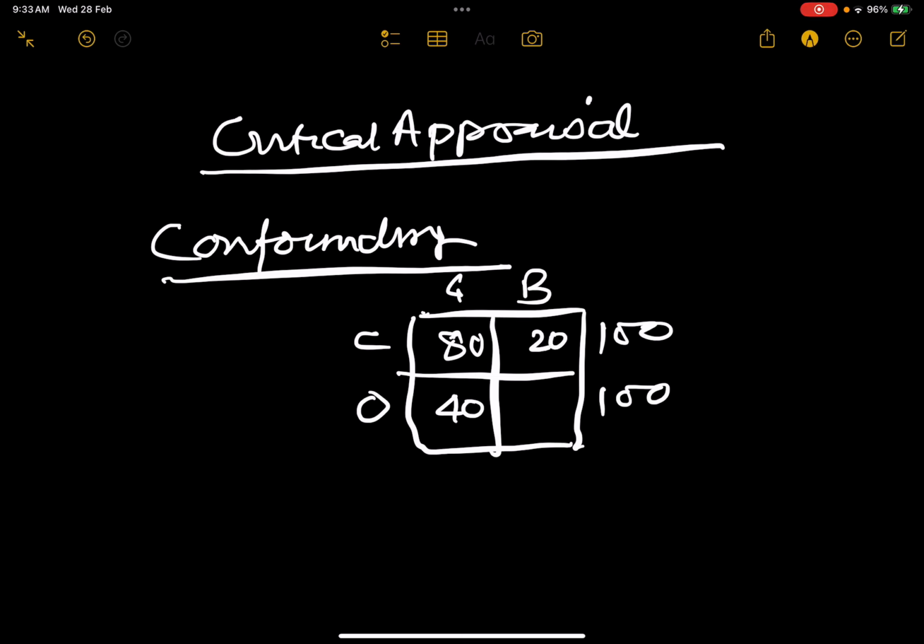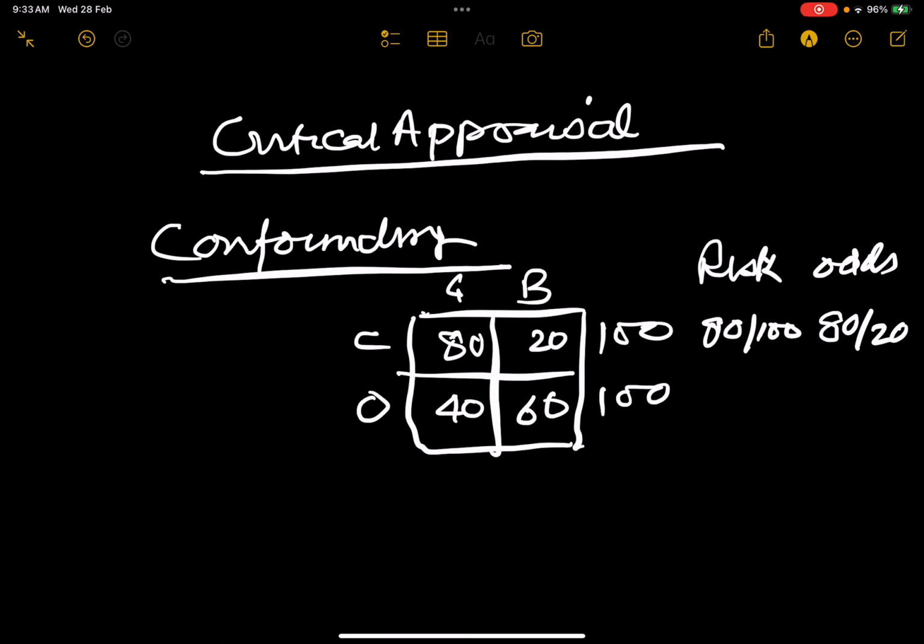Here the number will be 20 and here the number will be 60. Therefore, the risk of good results in the conservative group is 80 upon 100 and the odds is 80 upon 20. In odds, the denominator does not contain the numerator. So here it is 40 upon 100 and here it is 40 upon 60.